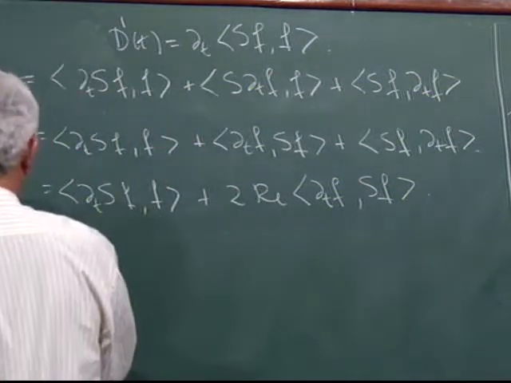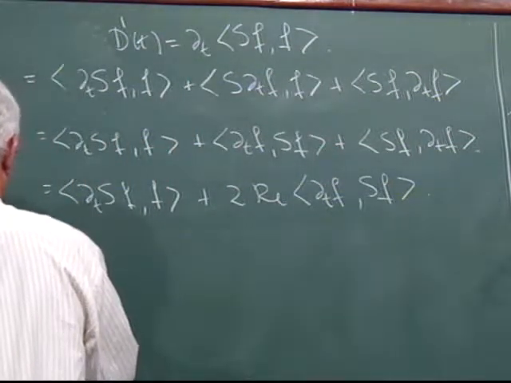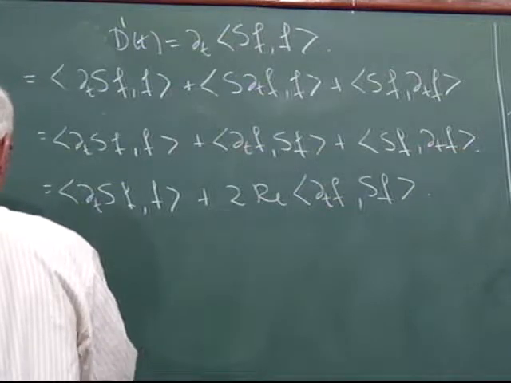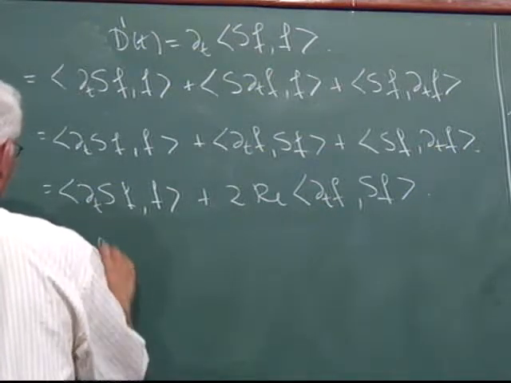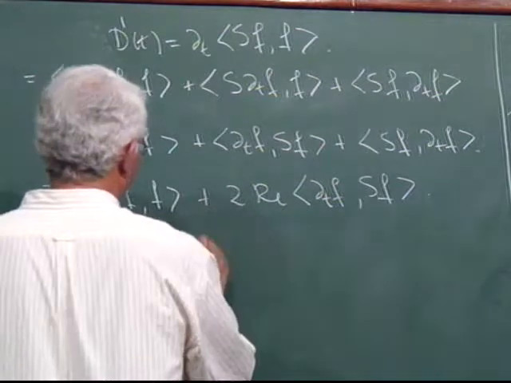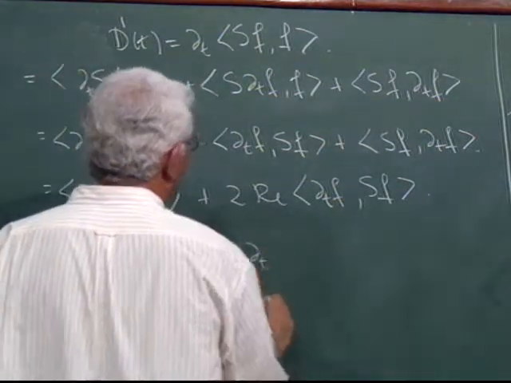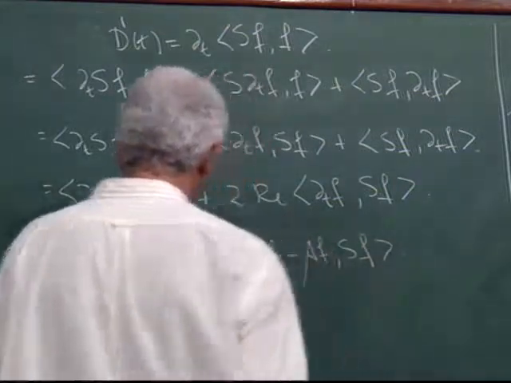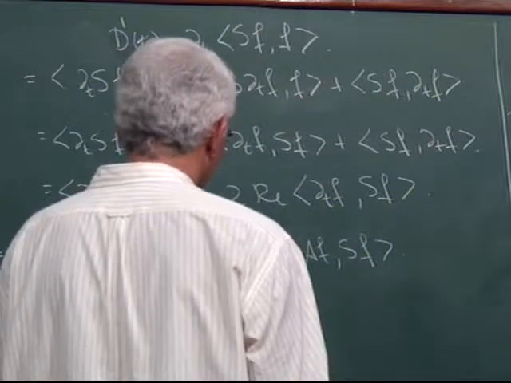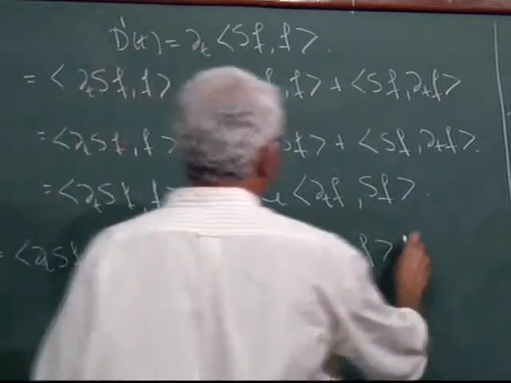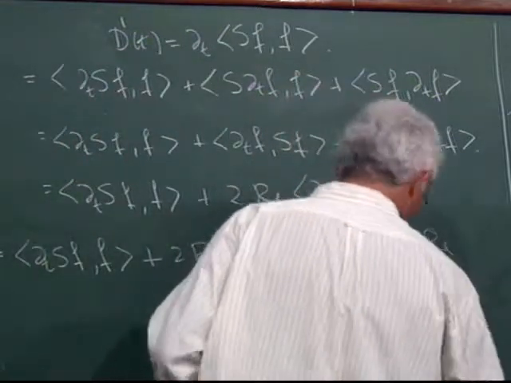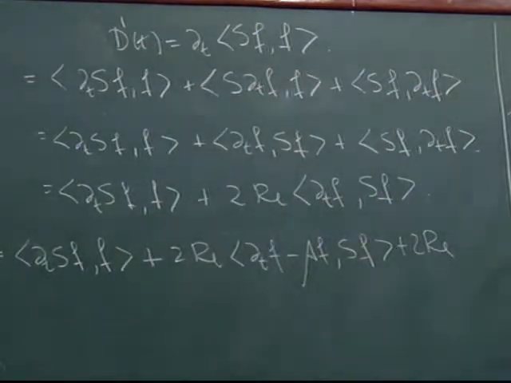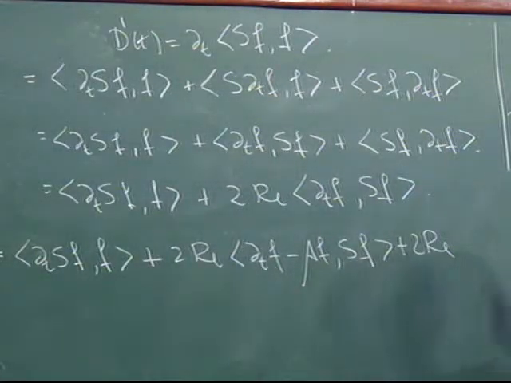So this is equal to dt of f minus a of f, s of f, plus twice the real part of a of f, s of f.